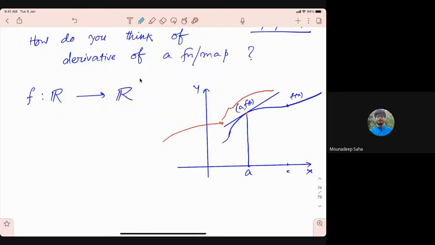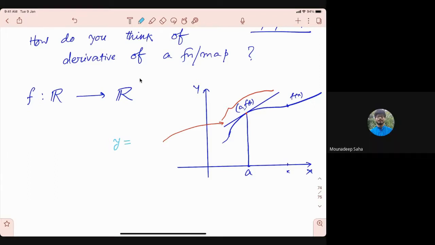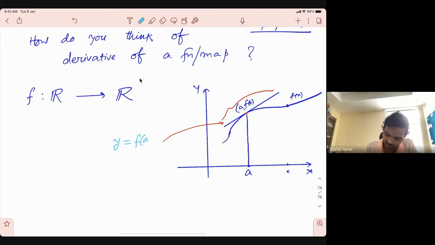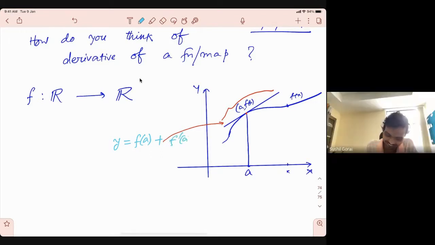The equation is y(x) equal to f(a) plus f prime(a) into (x minus a).